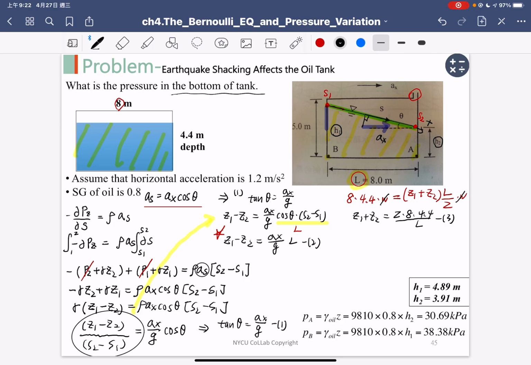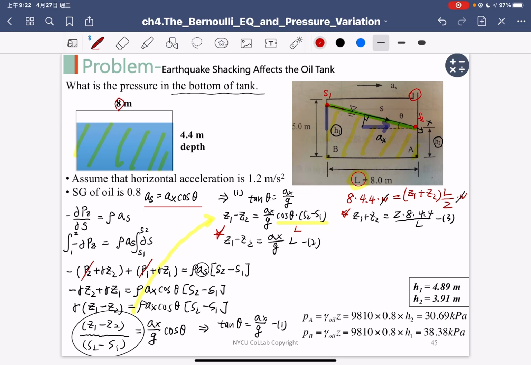Okay, so we have two equations. We can try to find D1 and D2, right? Now two equations and two variables, and we can find out how large they are.